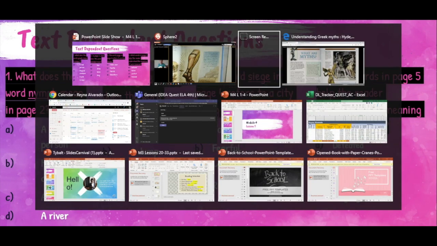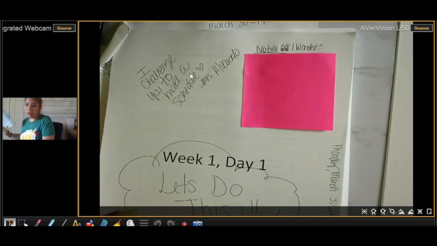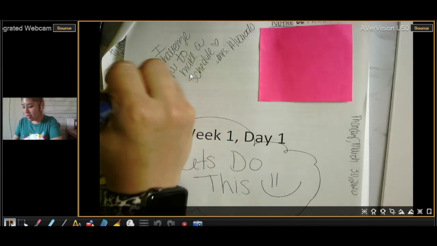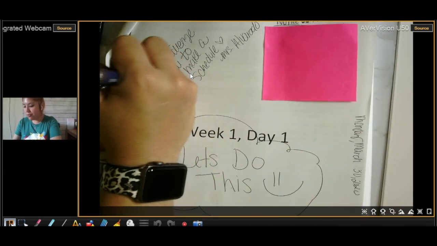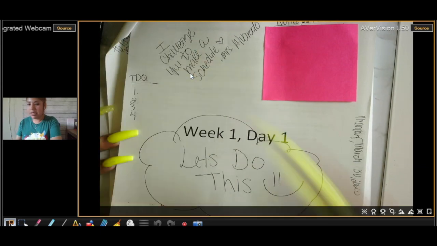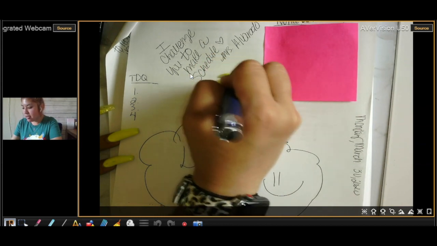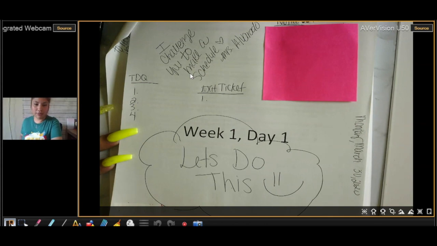Remember, boys and girls, you can write your answers on the packet that was given out to you by me. So you can write in this section. You can write number 1, number 2, number 3, number 4, and you can also label it TDQs. And then, of course, you know that you have an exit ticket, so you can put here exit ticket number 1.